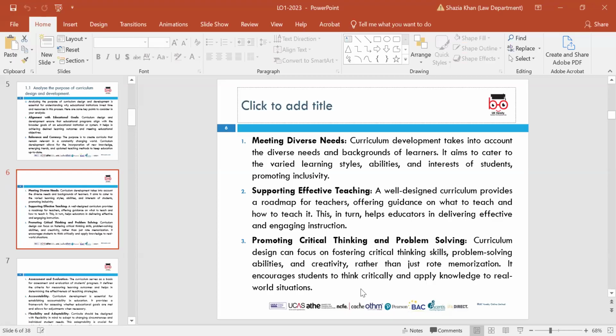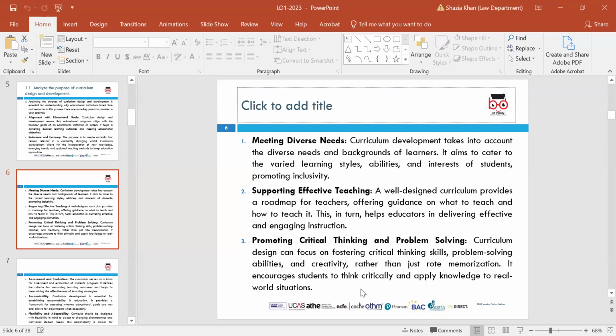Supporting effective learning, so a well-designed curriculum provides a road map for teachers, so it identifies that teachers are able to follow structure, meet the needs of the learners, and have different approaches to teaching as well, and making sure that they identify the objectives of that. Promoting critical thinking and problem solving, so curriculum design can focus on fostering critical thinking, problem solving, and encourages students to think critically and apply to real life situations.